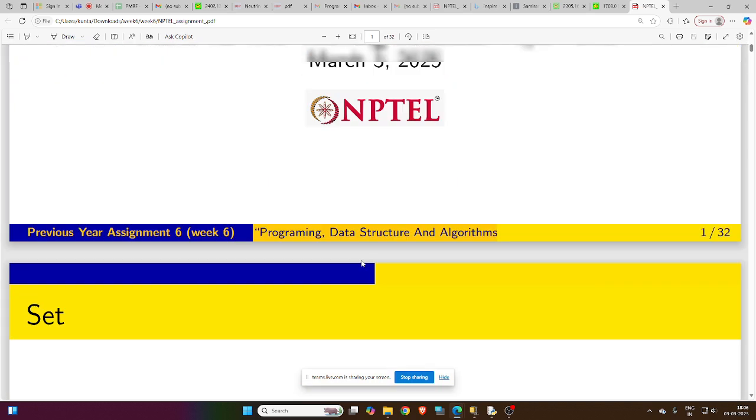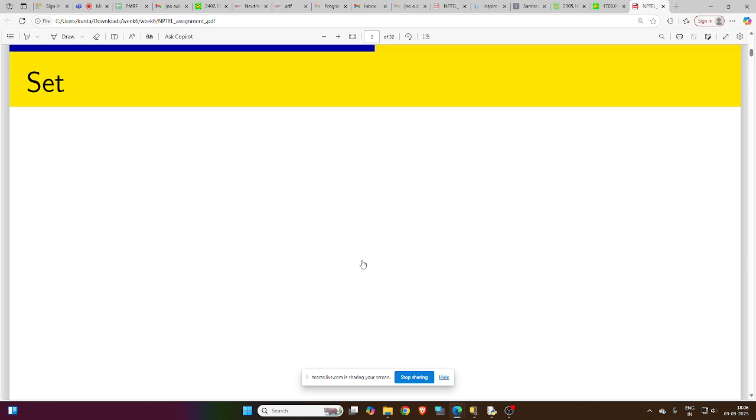So what is a set? I did not write anything here, but maybe I can write with my pen. Set, obviously we know in mathematics, but here we are talking about set in Python.